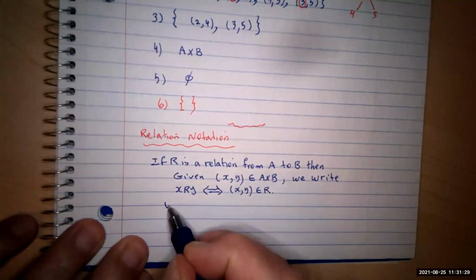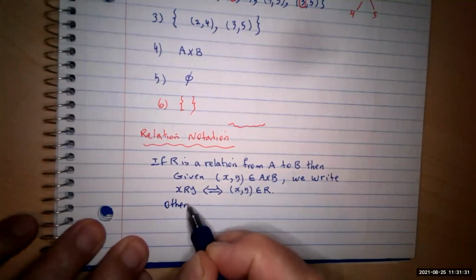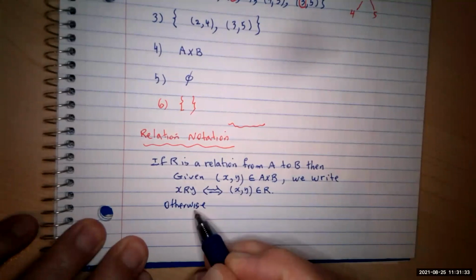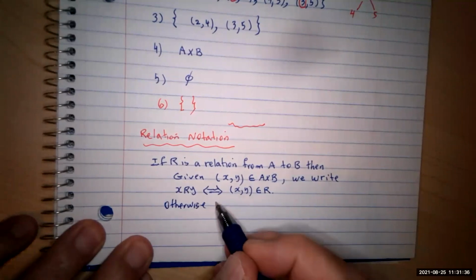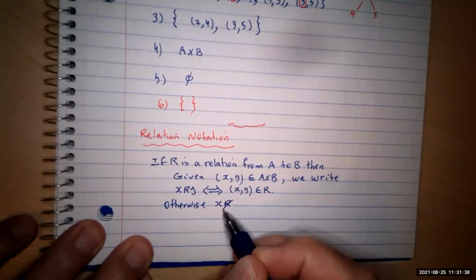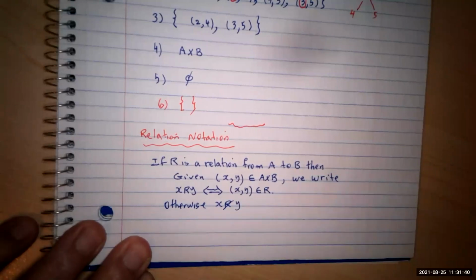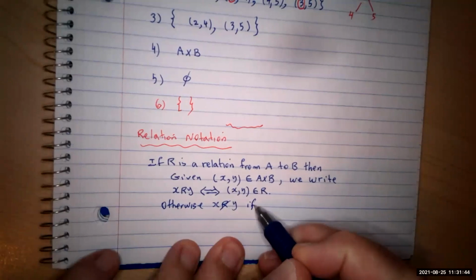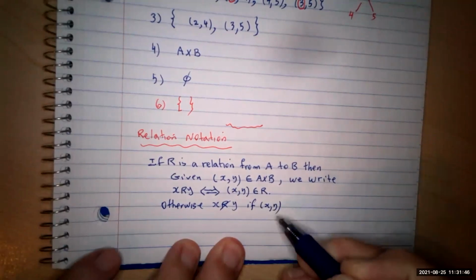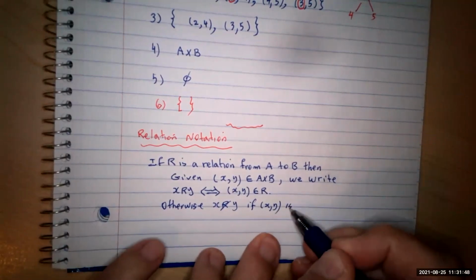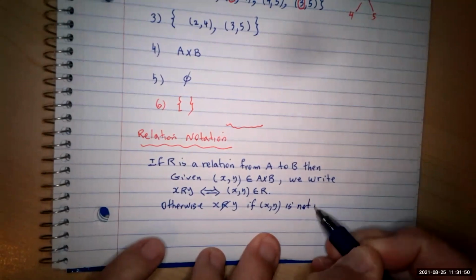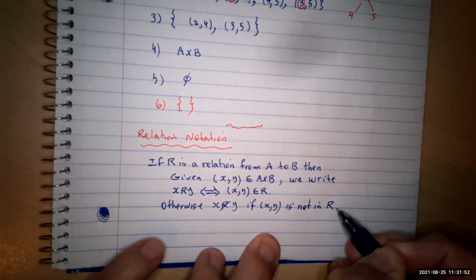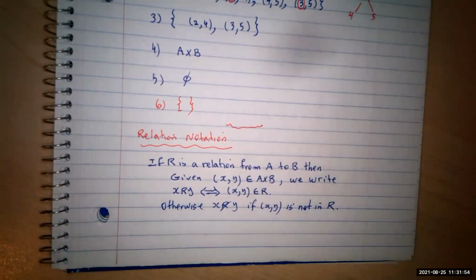Otherwise, if this is not going to be the case, we write x is not related to y. Okay, and that's the case where x, y is not in R. In the assignment that you are going to do for us, you are going to have this type of question in your book.